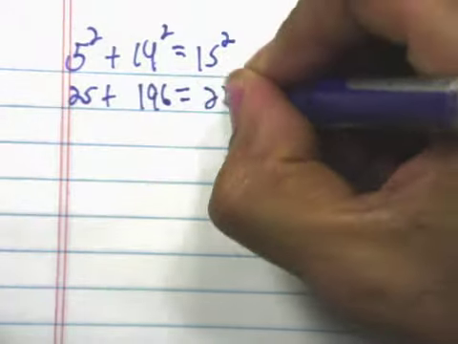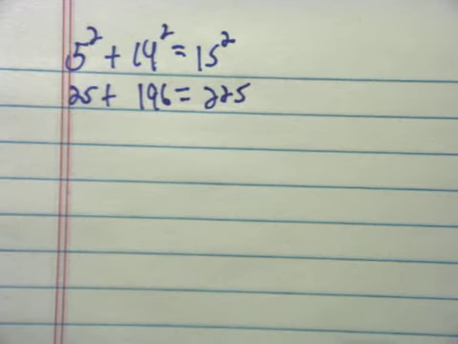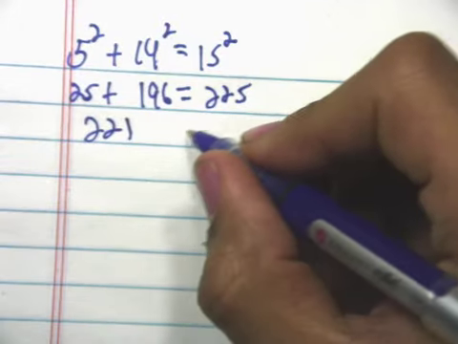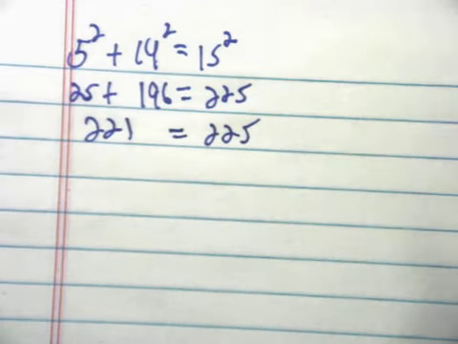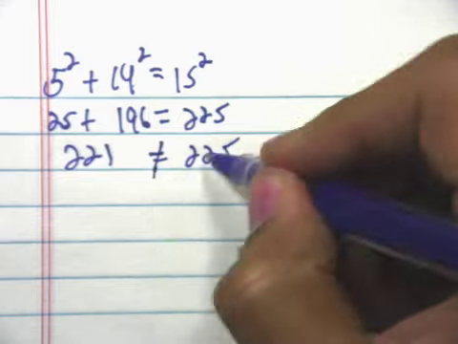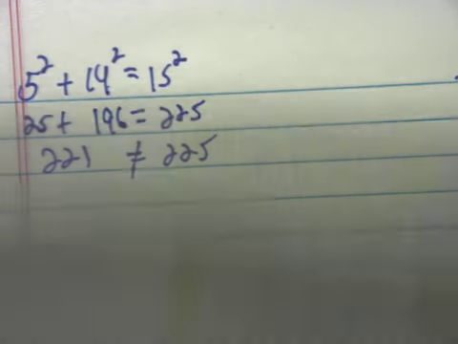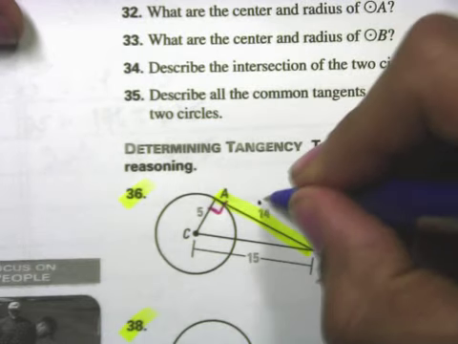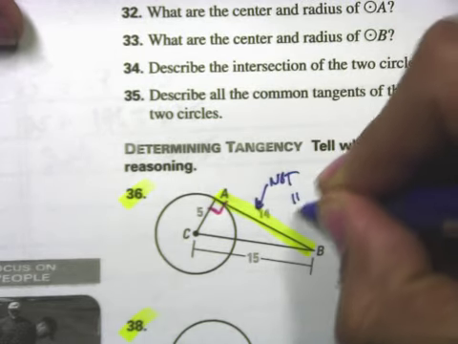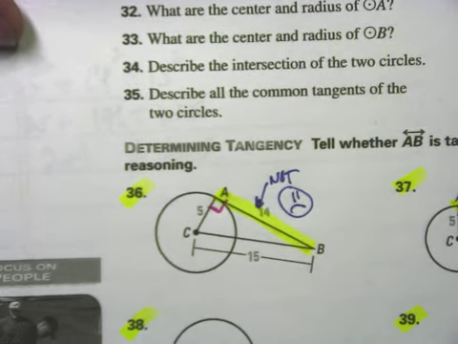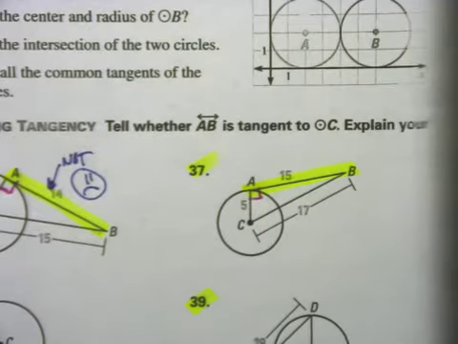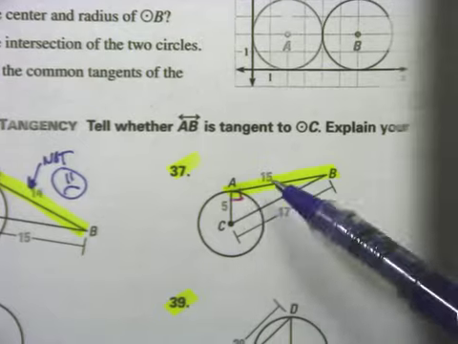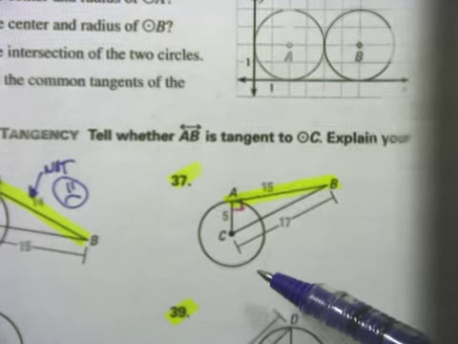Well, 5 squared is 25, 14 squared is 196, and 15 squared is 225. When I add these two together, I get 221. It should be equal to 225, but notice 221 is not equal to 225. So for question number 36, this is not a tangent line. The answer is no, it is not a tangent line.